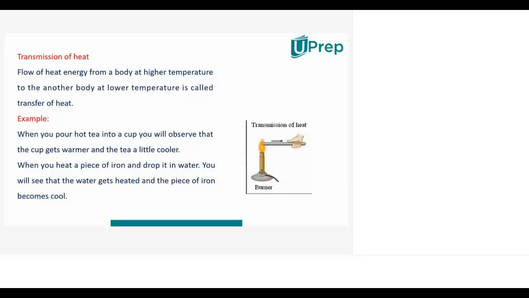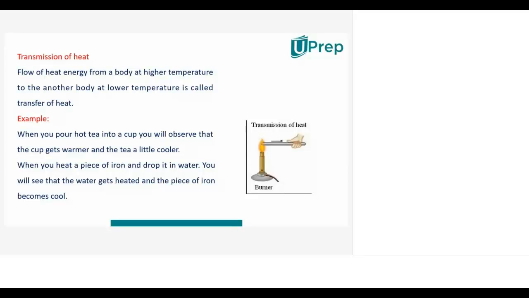So the tea becomes a little cooler and the cup gets hot. Very good. So heat energy is flowing in this case, yes, sir.